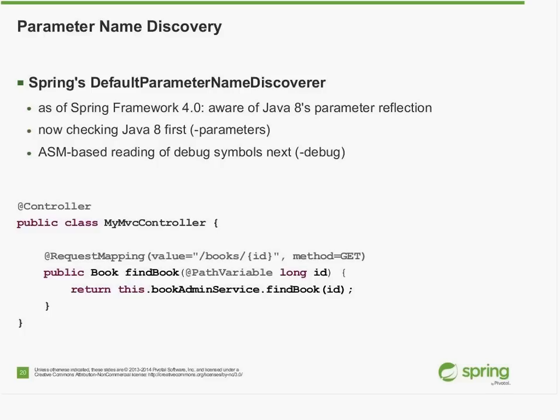Why do we actually do this? That's the example below. You may be aware of this already, but look at this MVC handler method down there, at its path variable parameter. It's declared as @PathVariable long id. @PathVariable doesn't explicitly say what the name of the path variable is. It could say so.